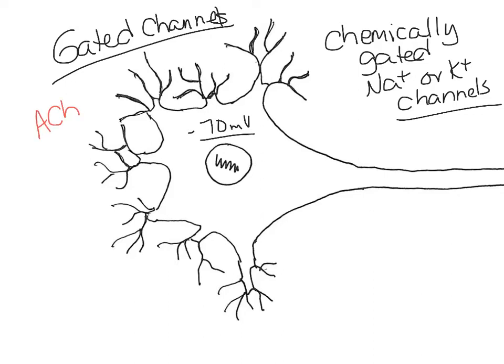We talked about acetylcholine binding to the muscle, the motor end plate, but now we're going to talk about acetylcholine binding to this neuron. Okay? So there are these acetylcholine receptors on these gated channels. Let's talk about that.